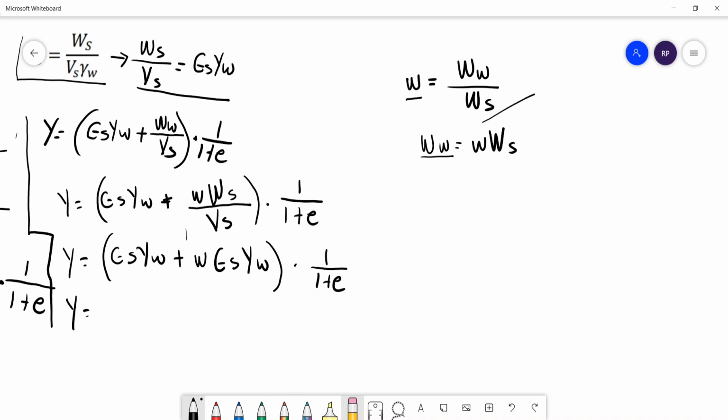So that is, lalabas natin yung GSYW. So matitira is 1 plus small w, moisture content, then GSYW, GS is specific gravity, all over your 1, balik natin yung 1 plus.